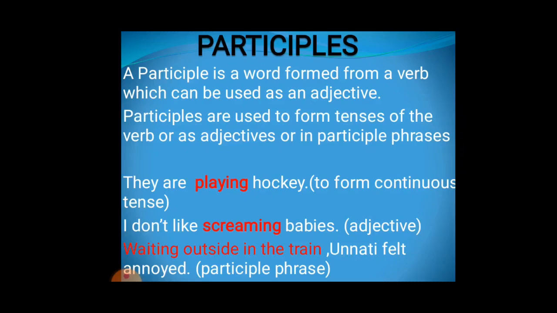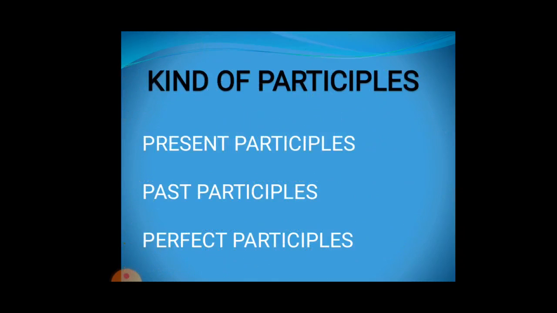Participle phrase means a group of words which don't make complete sense on their own. So when the phrase has one participle, like here waiting, which is a present participle, we can say waiting outside in the train, Unnati felt annoyed. So waiting outside in the train is a participle phrase. Now there are three kinds of participles: present participles, past participles and perfect participles.